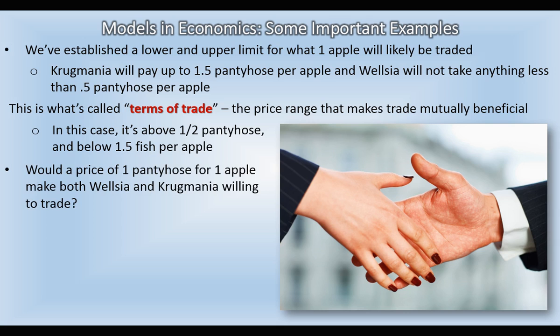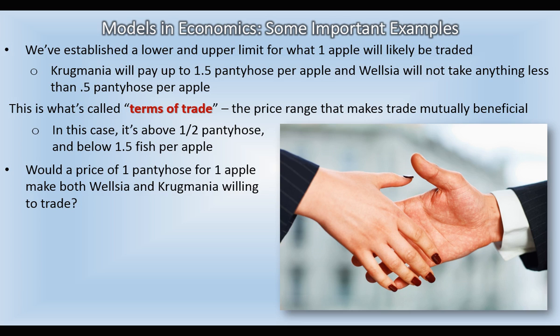Sorry about that. Would a price of one pantyhose for one apple make both Wellesley and Krugmania willing to trade? 1 for 1? Why is that? So no, just remember, these are upper and lower bounds for the terms of trade.